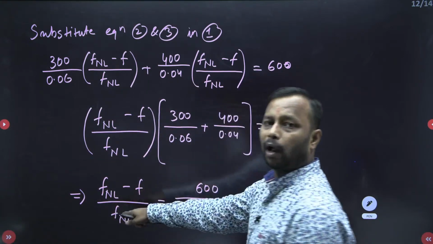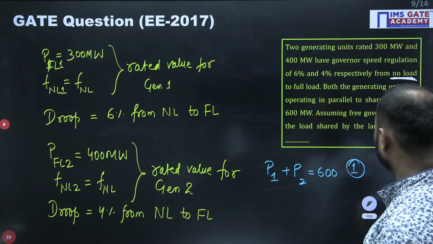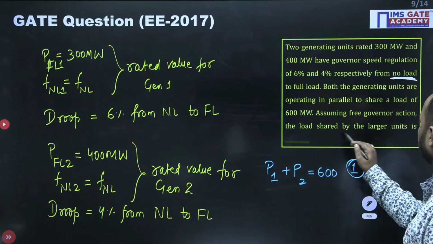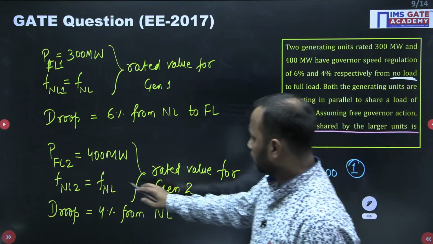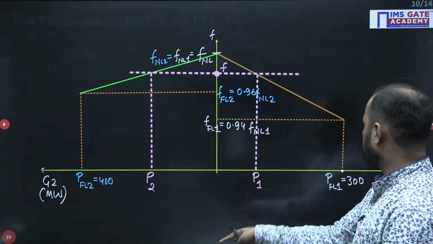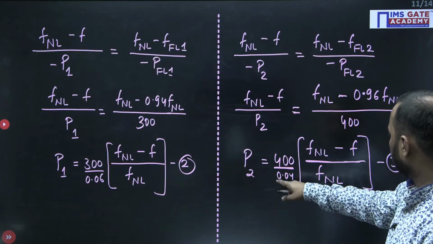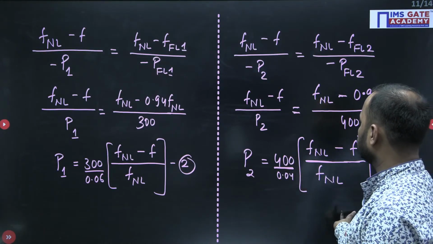Okay, this value I am getting as 0.04, but my task is to calculate the power supplied by the larger unit. So the larger unit here is P2. I have to calculate this P2. The P2 expression is what we have calculated, P2 is 400 divided by 0.04.